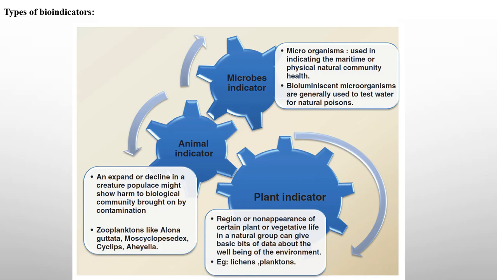The presence and absence of some specific plants or other vegetation in a particular area provides ample information about that environmental health. That means, depending upon the type of pollution or type of stress, the presence or absence of particular species of plant indicates the environmental quality.